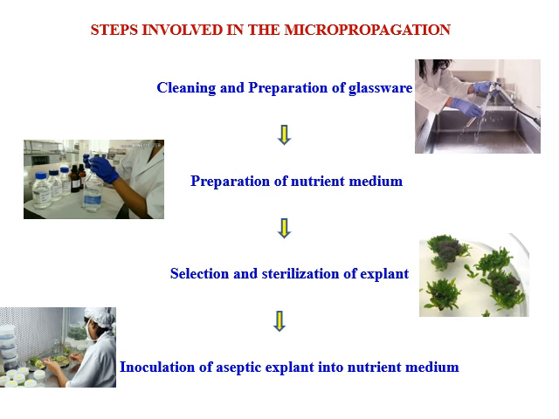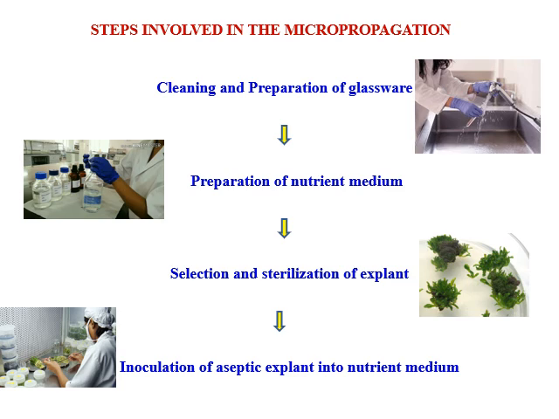Simultaneously, you have to prepare the nutrient medium, which is going to supply the nutrients or food for the growth of the cell or any explant. And also you have to do the sterilization of explants.